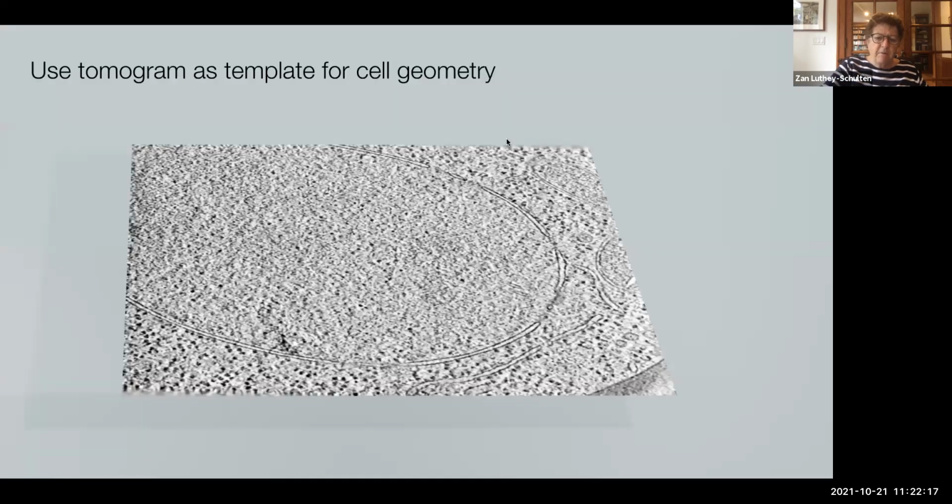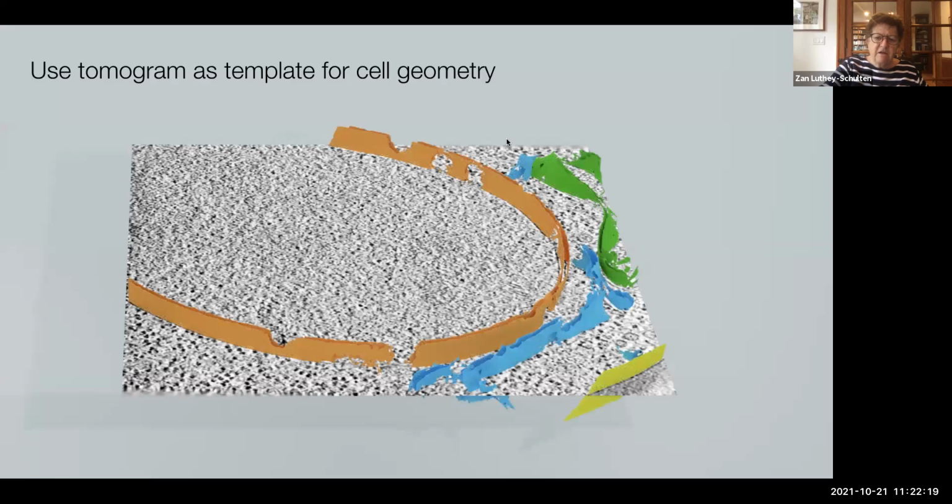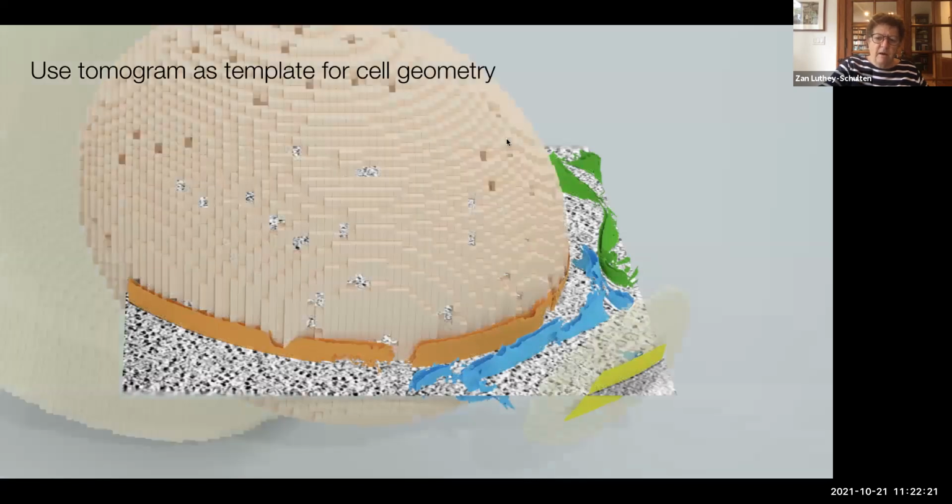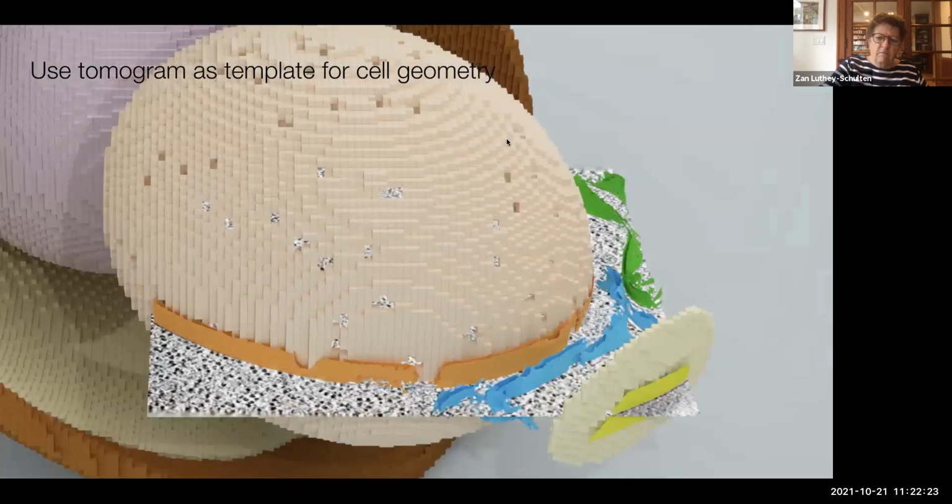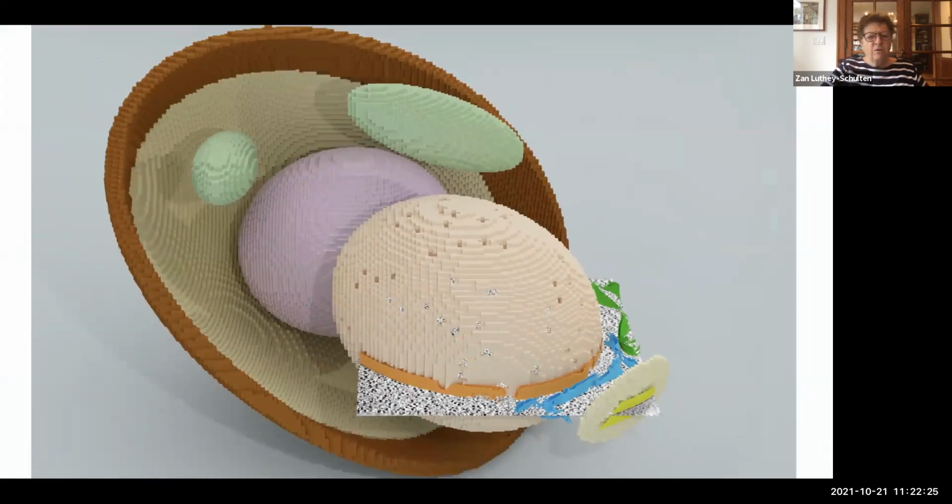And let's build it up. Here's from a slice, add more, and then now you have sort of a picture of what that cell could be looking like. So this beige part would be the nucleus. There would be a huge vacuole that's here, and these would be some of the mitochondria.